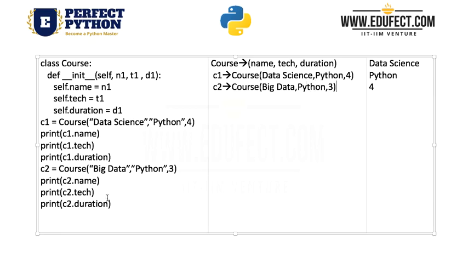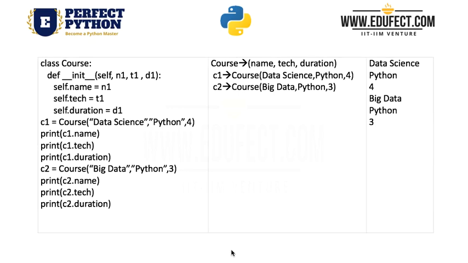So now when we print C2.name, what will get printed is big data. C2.tech is Python, and C2.duration will be 3. So we have been able to successfully construct an object using the constructor and initialize it.